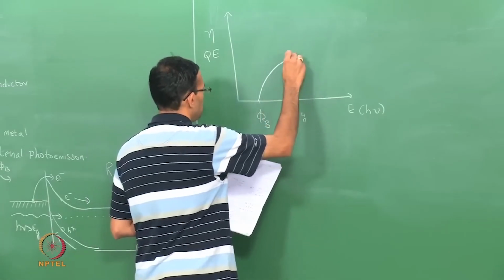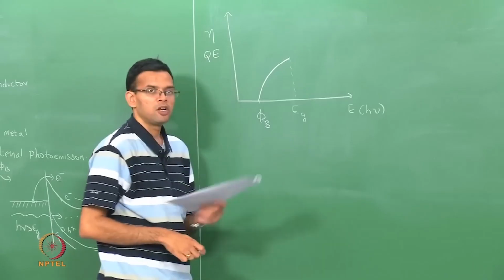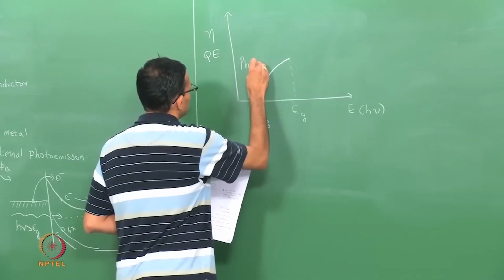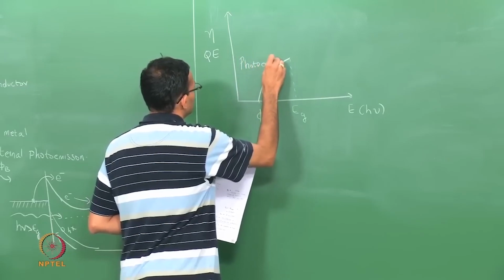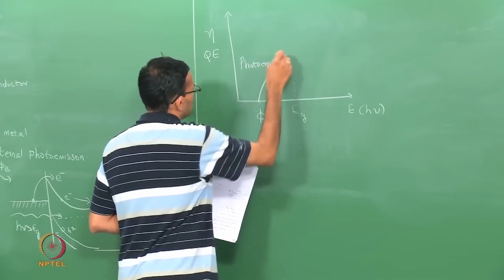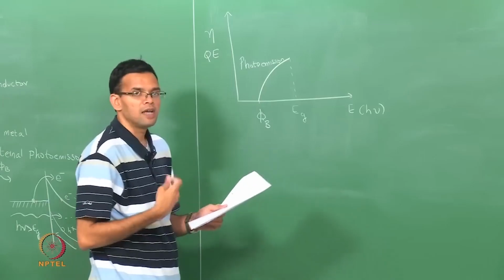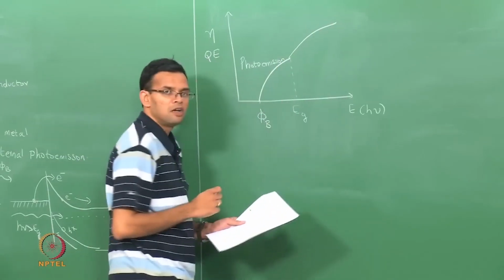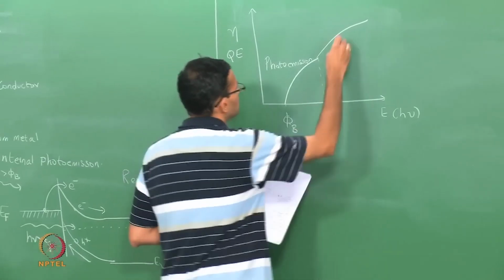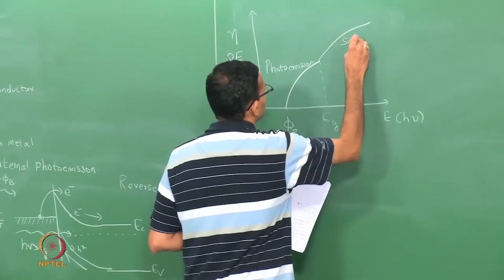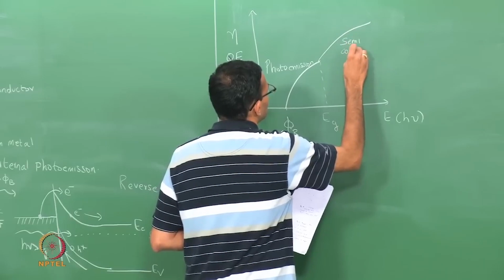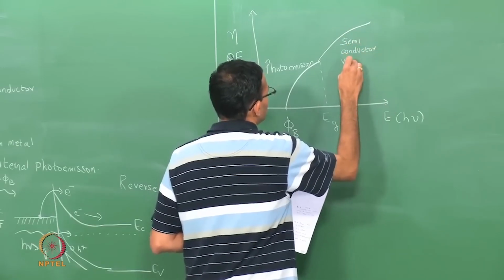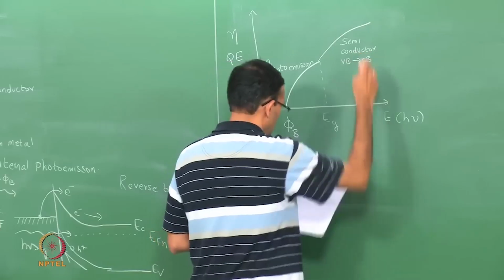Above the barrier you have some gain because of the internal photo emission process, and above Eg your gain is higher because you now have the transition within the semiconductor, valence band to conduction band.